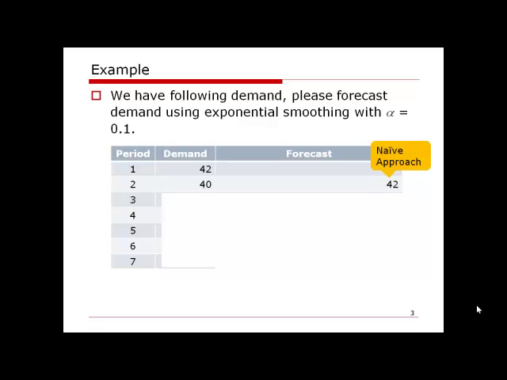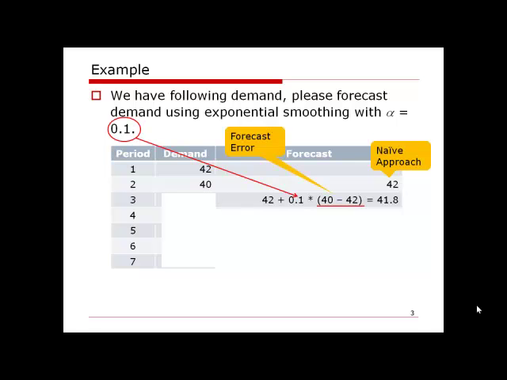And now we have one forecast and one real demand. We can use these two numbers to calculate the forecast of the next time period. Now for this forecast, we see the alpha 0.1 is used to calculate the adjustment based on the forecasting error.